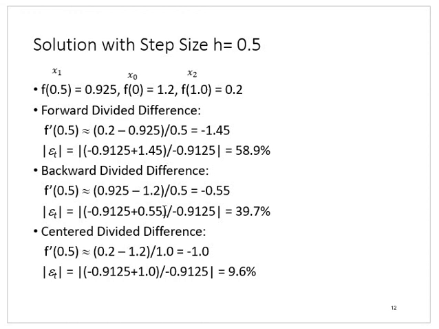So this is the upper one, x2: f of x2 minus f of x0 over the step size, which is 1, because from 0 to 1 the difference is 1 in terms of x. Step size there is 1. And these are your respective errors.